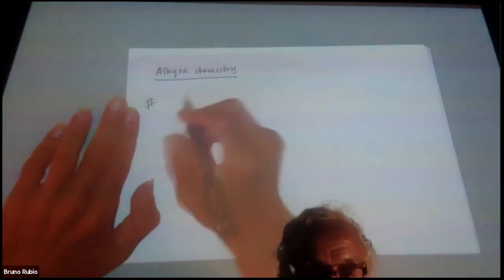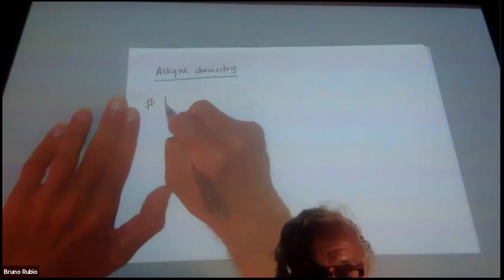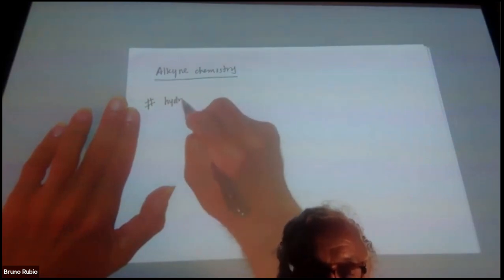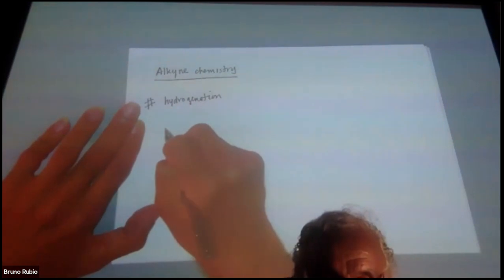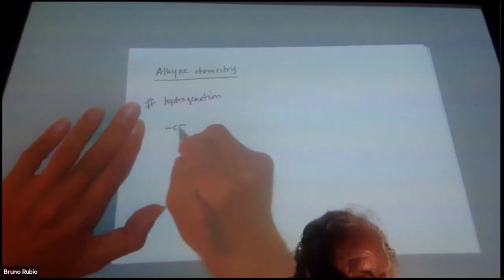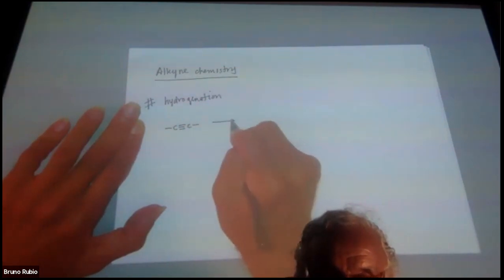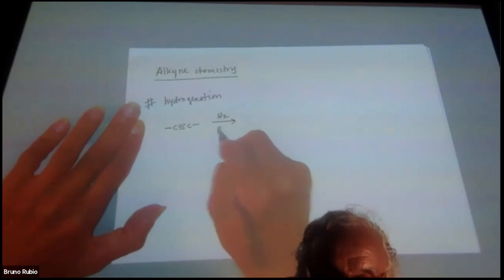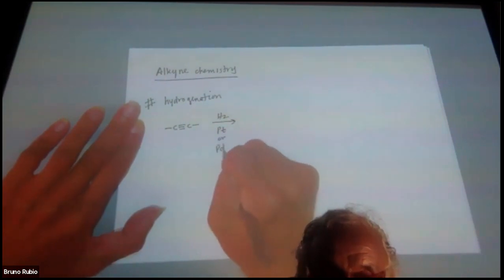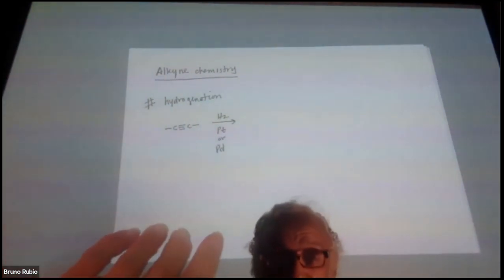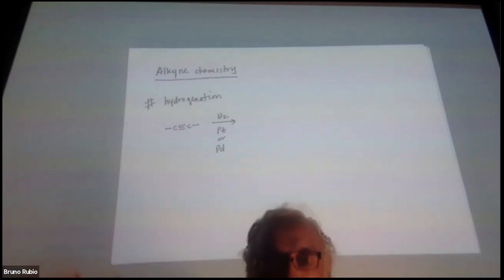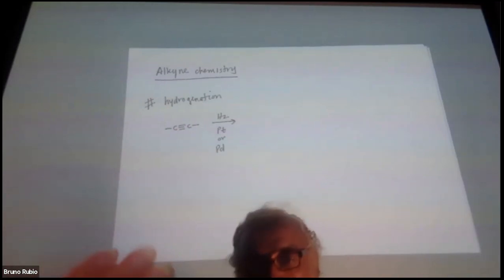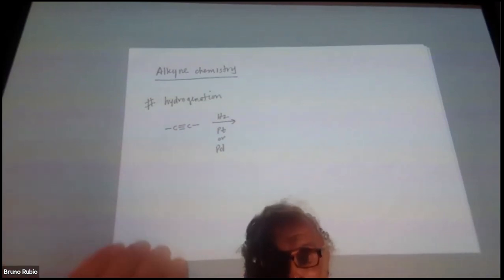First reaction is hydrogenation. If we take an alkyne and react that with hydrogen in the presence of a precious metal catalyst such as platinum or palladium, what happens here is that the carbon-carbon triple bond is taken down to a carbon-carbon single bond, and the atoms of hydrogen add across where the triple bond used to be.